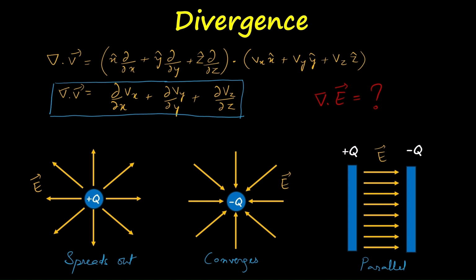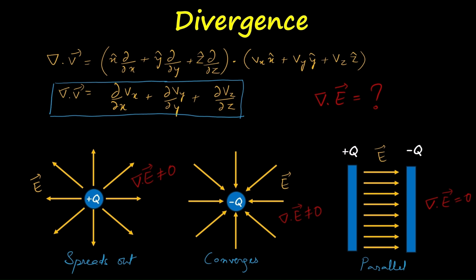So we can straight away write that the divergence of electric field for this case will be non-zero. Similarly, for the second example, it converges, so the divergence of electric field will be non-zero. But for the third example, it neither converges nor diverges. So in this case, the electric field divergence will be equal to 0.